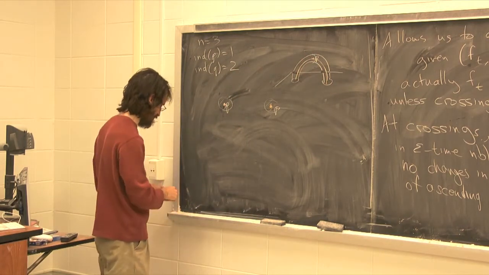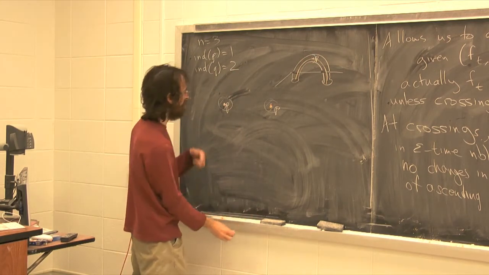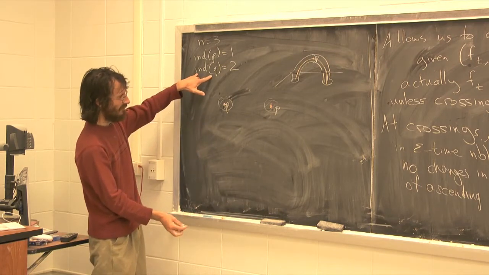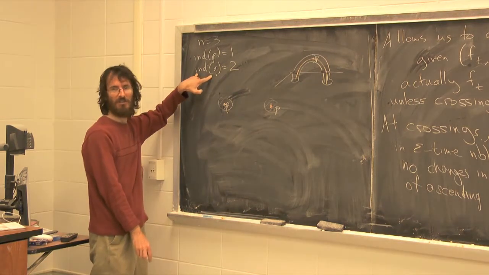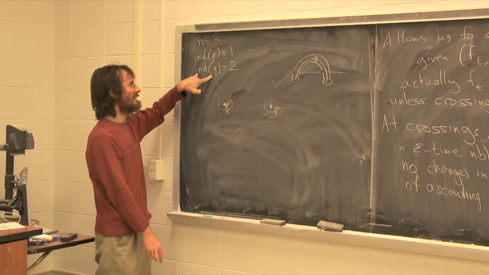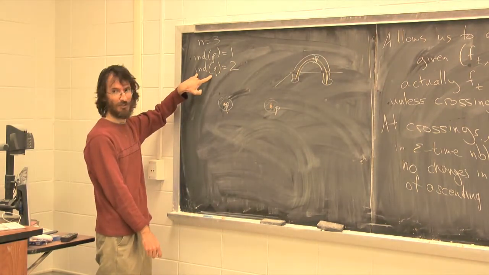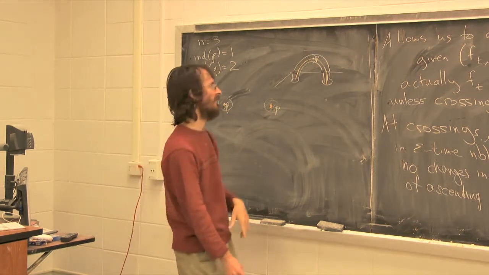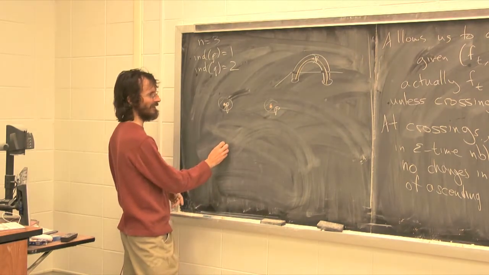And now what I want to have is q. I want to look at a situation where I have 2 points of intersection between the ascending manifold for p and the descending manifold for q, and I want to see them disappear. And if you start thinking about it that way, it's not too hard.